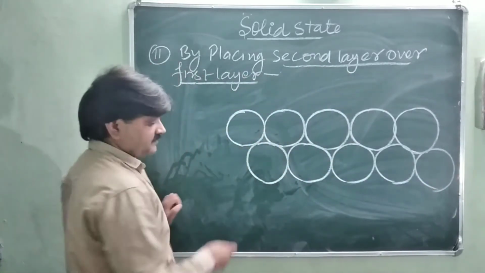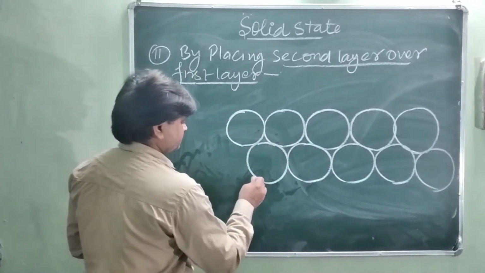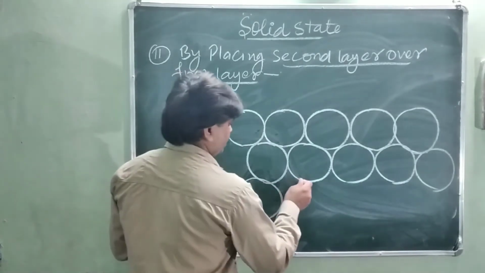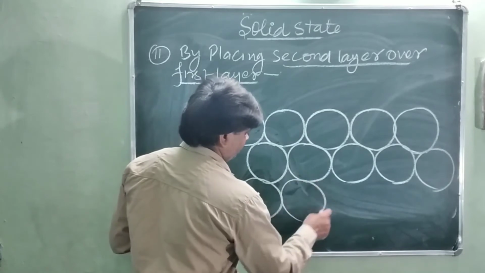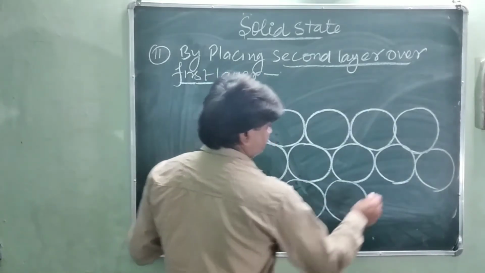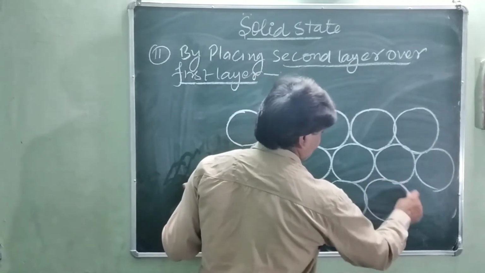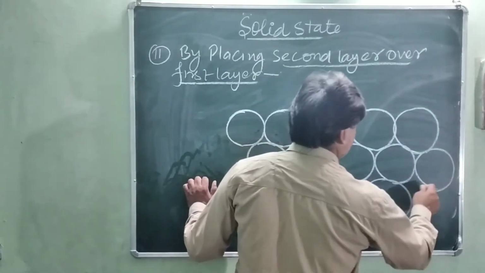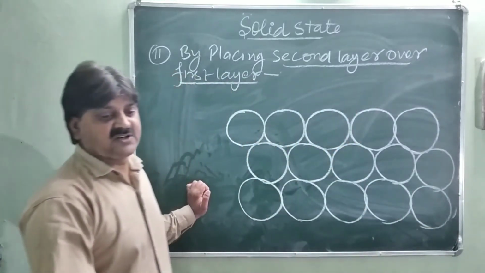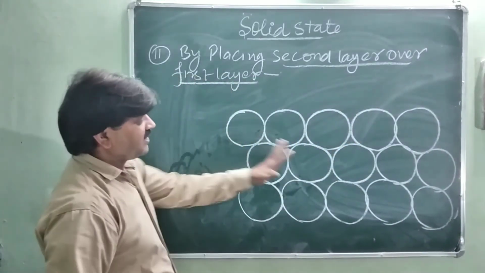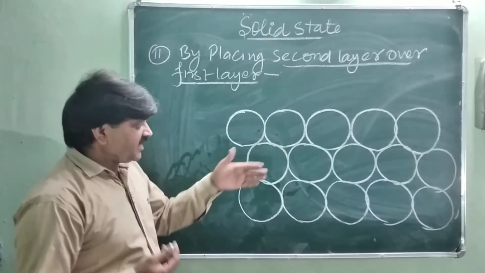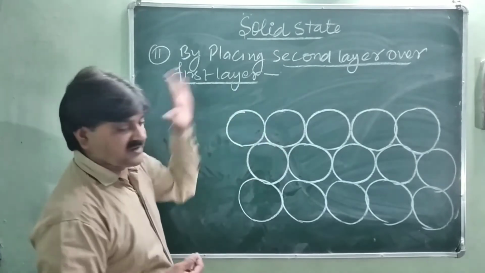Further in this way. Now this is the first layer, and in the first layer you will see one layer has been placed just like in ABB mode, and the second layer we are going to place over the first layer.